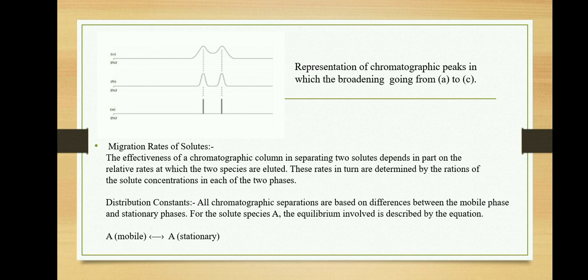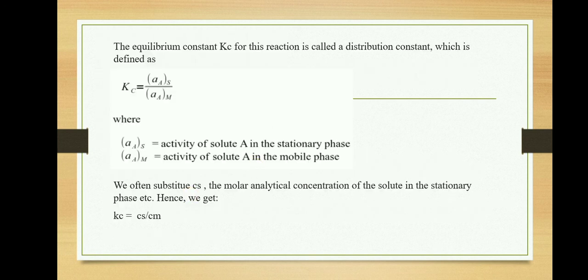We can write an equilibrium reaction with a double arrow, analyte in stationary phase and analyte in mobile phase, and that has to do with how much time it spends in the stationary phase versus the mobile phase. Because this is an equilibrium, we have an equilibrium constant, which we call the distribution constant. It is a big K, the concentration of analyte in the stationary phase divided by the concentration of analyte in the mobile phase.